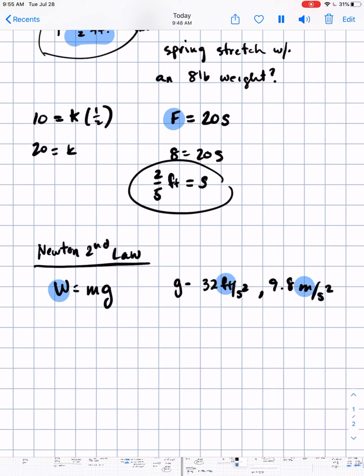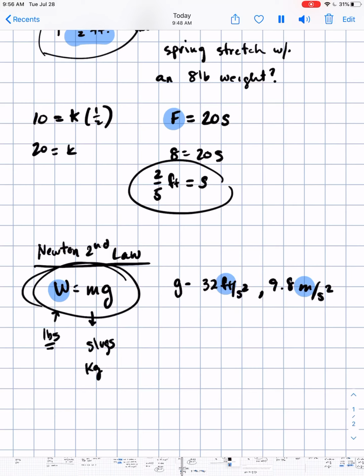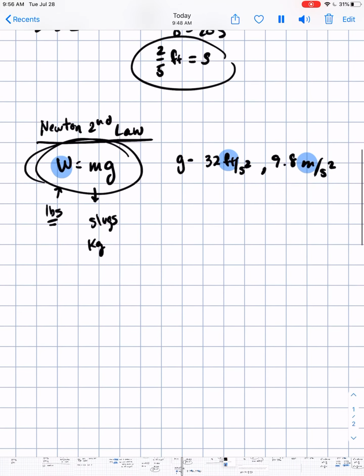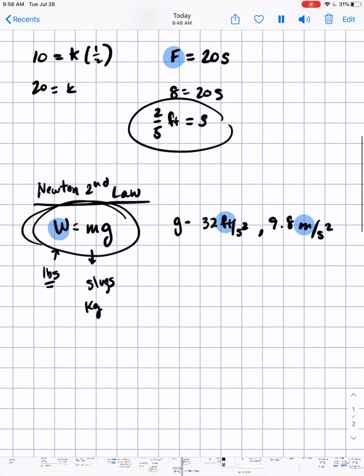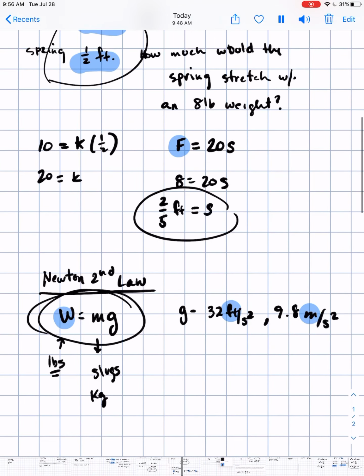And so this is, you're thinking pounds here. Mass, we want to get that into slugs, kilograms, etc. And I already talked about the gravity. So this is another value that we want to use as well. And I'll show you how to use that. If you know the weight, for example, like here, how much mass? 10 pounds, right?